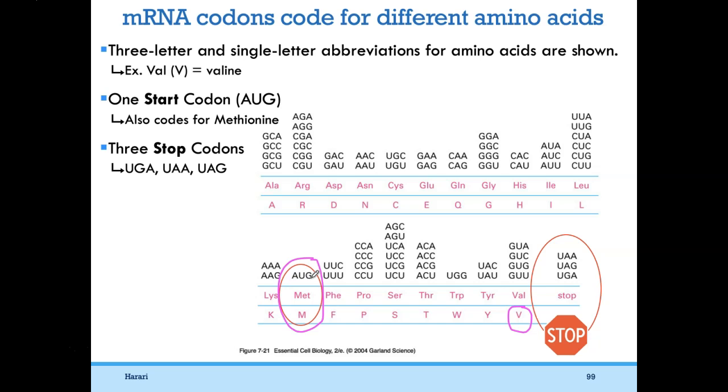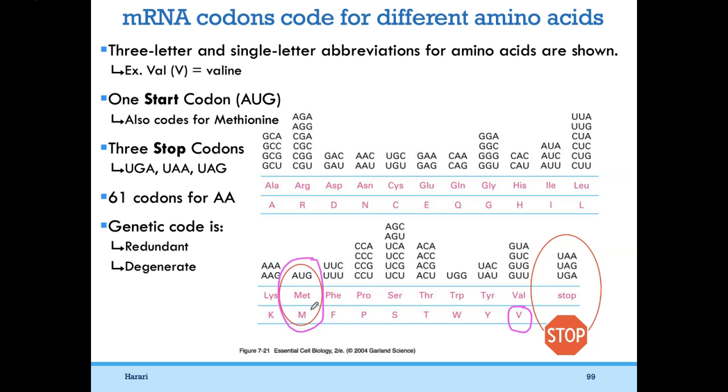If you get rid of the start and these 3, there are 60 other codons that specify one of the amino acids. There's 61 that encode for amino acids and 3 stop codons, so 64 in all. Methionine is always the first amino acid.